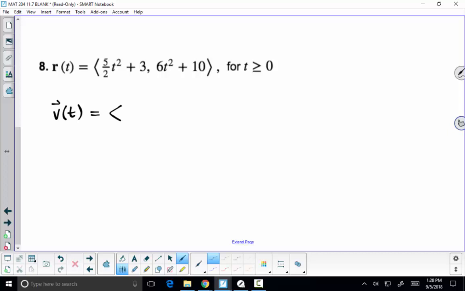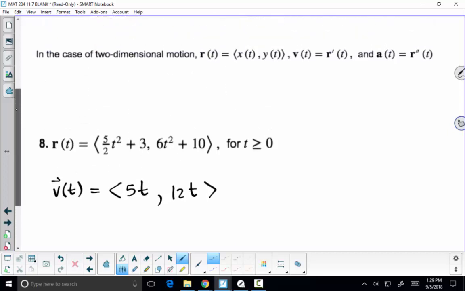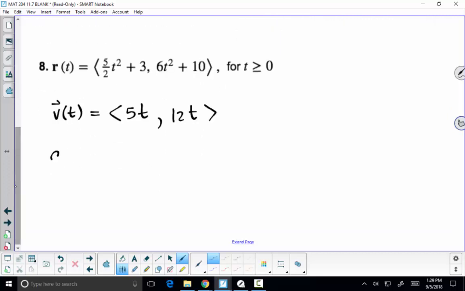Okay, so let's calculate the velocity and acceleration vectors for this given position vector. We take the derivative, and we get 5t and then 12t, with the domain t greater than or equal to 0. The problem is just asking us to find the velocity and acceleration.